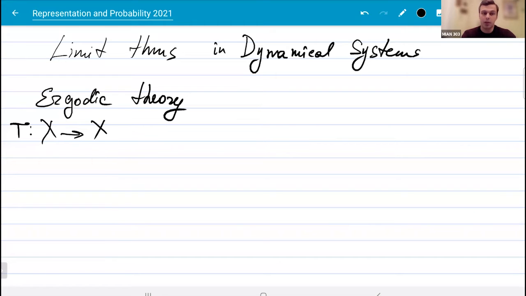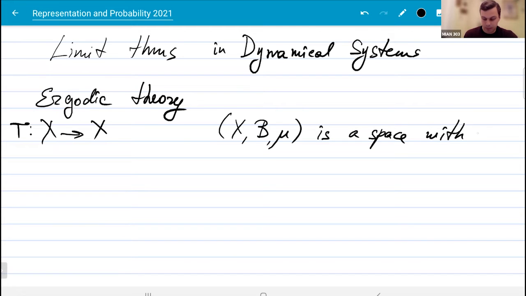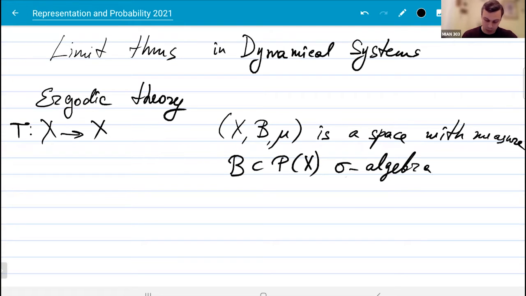And in ergodic theory, we study the situation when X is a measure space. So we have (X, B, mu), a space with measure. This means that B is a sigma algebra, and mu is the measure itself.